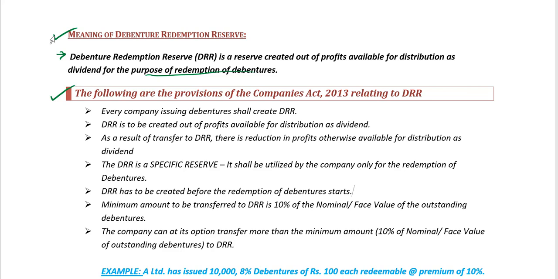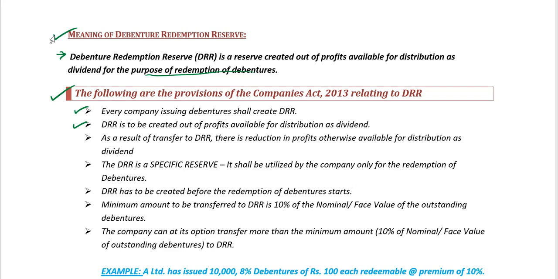Let's go into the provisions of the Companies Act 2013 relating to DRR, or debenture redemption reserve. Every company issuing debentures shall create DRR except for those companies which are exempt from creating DRR.